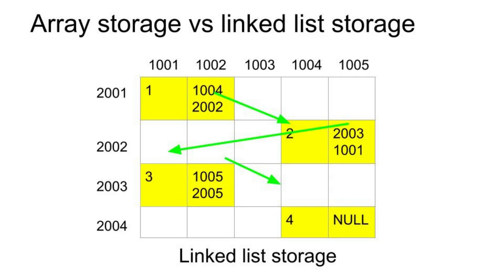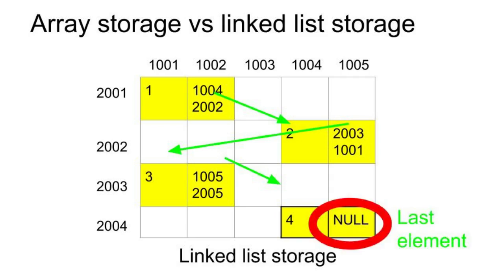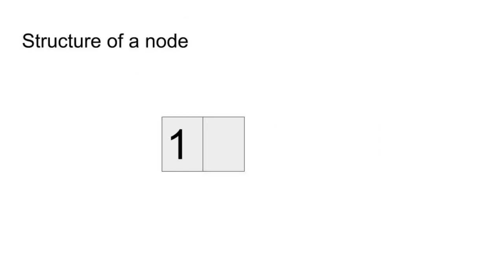The pointer field's role is to store the address of the next element. Each and every element will have the address of the next element. So what about the last element? The last element will have the address as null because there is no element that follows it, unless you have a circular linked list of course, but we'll not see that here. It is a simple linked list tutorial.